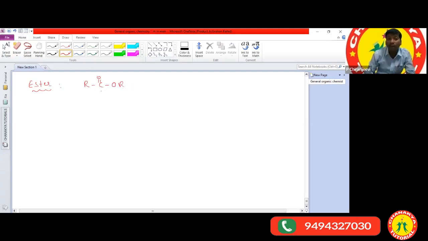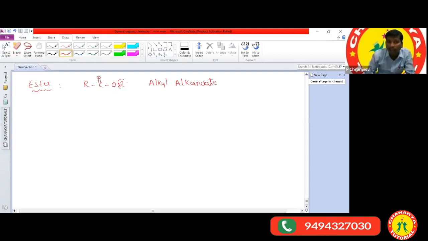How we write the IUPAC nomenclature of the esters: it can be written as alkyl alkanoate. Which part do we consider as the alkyl group?